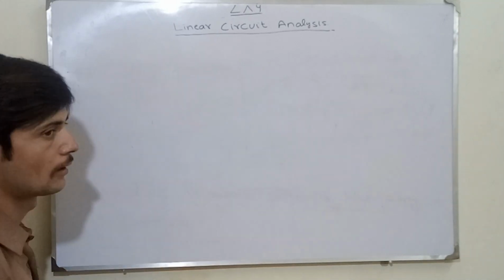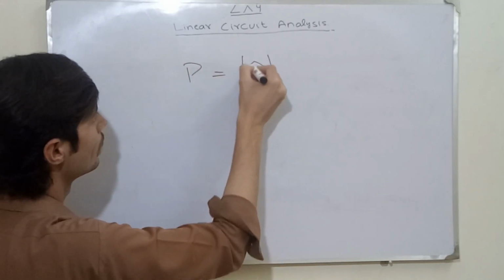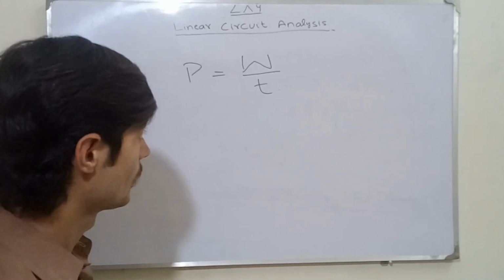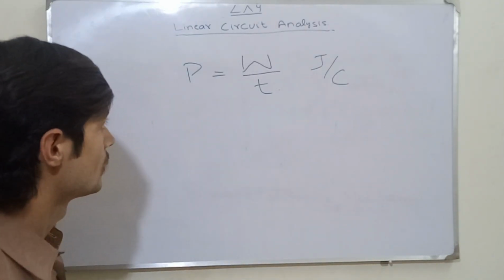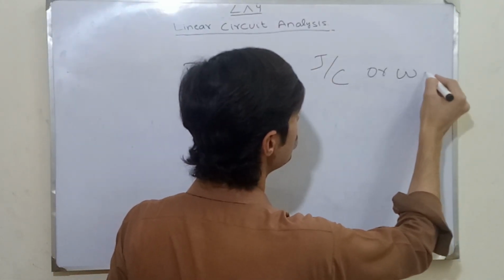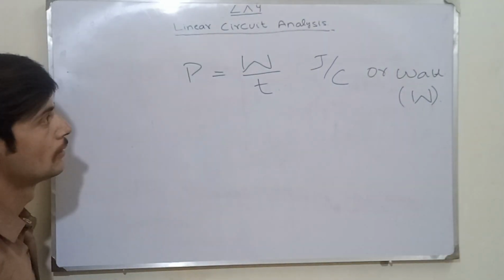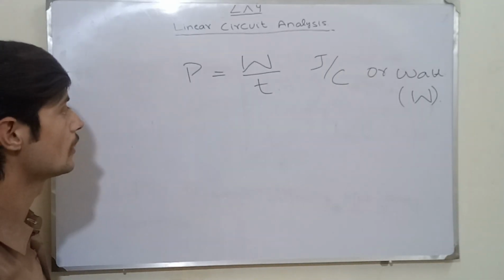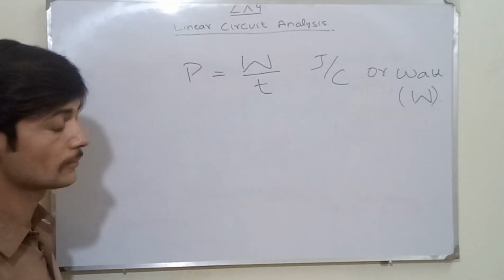According to physics, power is defined as work done per unit time, and its unit is joule per second, or watt, which is represented by W. The power will be 1 watt when 1 joule of work is required to move a charge of 1 coulomb in 1 second.